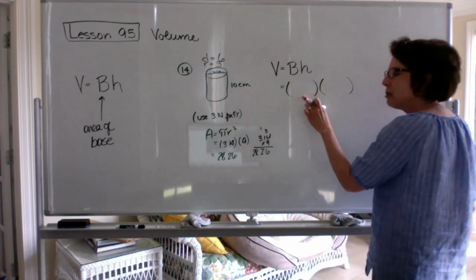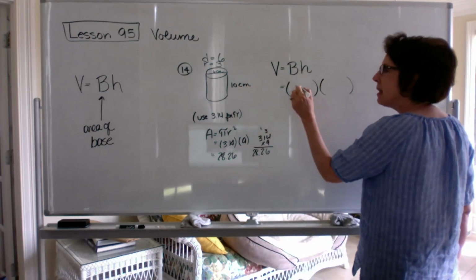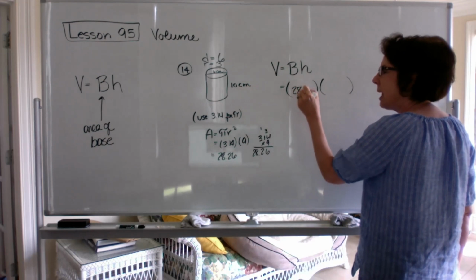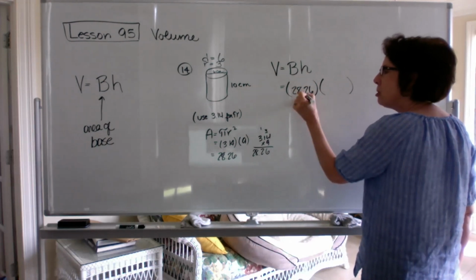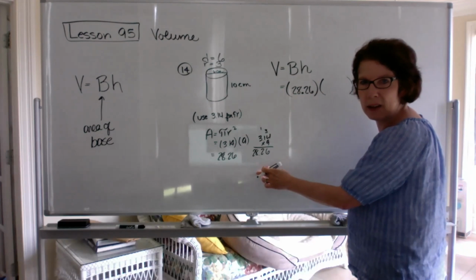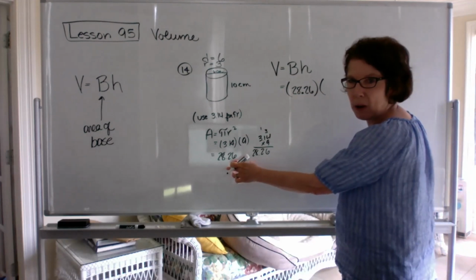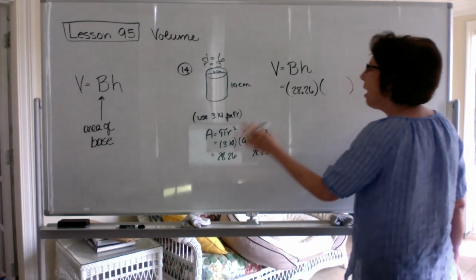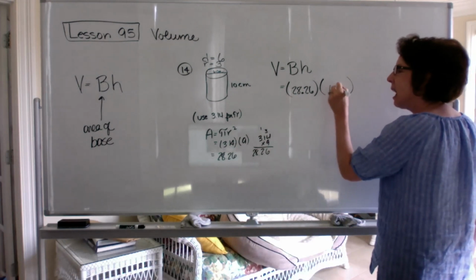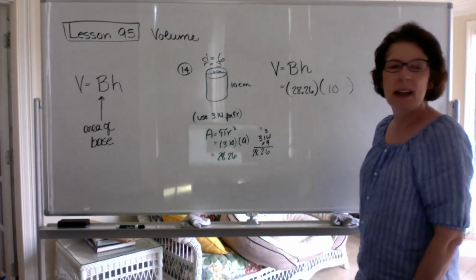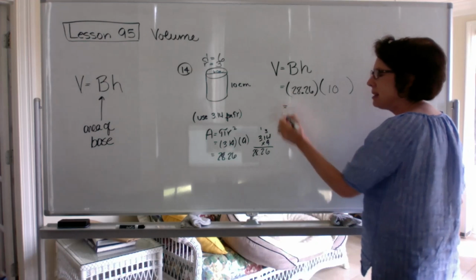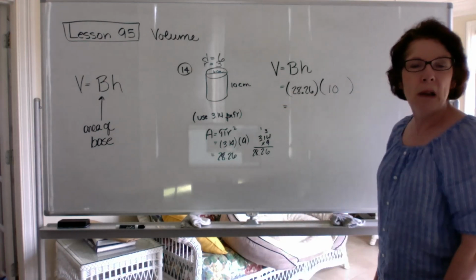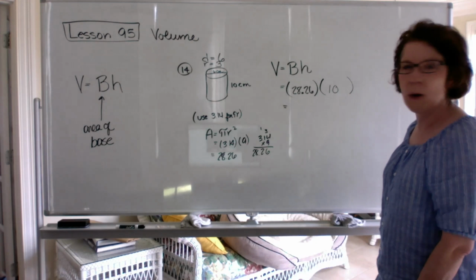So let's come over here to our formula now, and let's fill in the area of the base is 28.26. When you do this work, I expect to see the calculation for how you find the area of the circle first. Now, my height is 10. I love 10 because 10 means I can simply move my decimal point right or left, depending on if I'm multiplying or dividing.